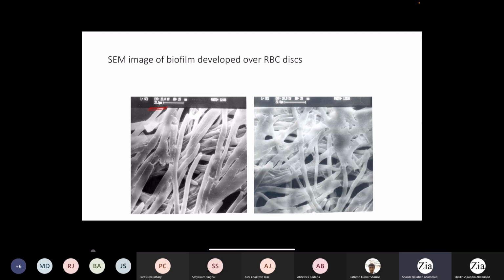So you can get a higher resolution picture and a much clearer picture of the surface. When you use a compound microscope, you can see some sort of fungal growth there. But if you really want a very clear and high resolution picture, then you have to go for the scanning electron microscope.